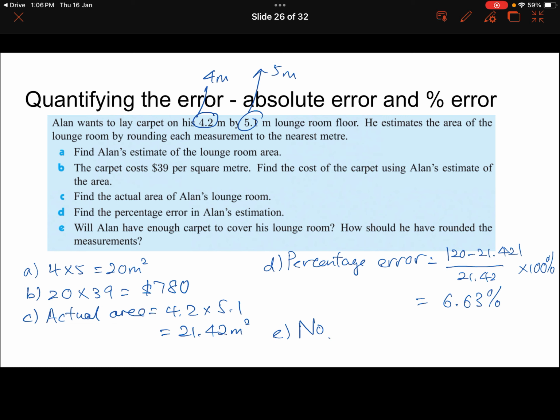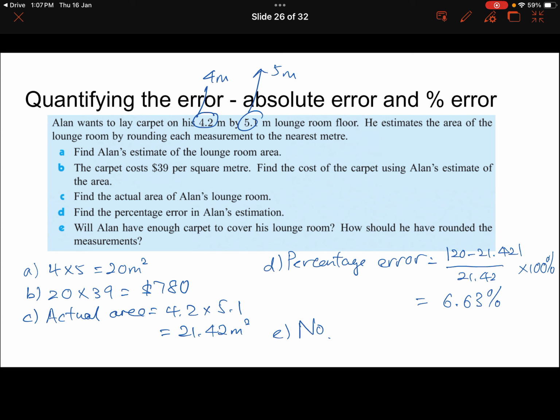Maybe the accuracy could have been, instead of even rounding to the nearest meter, we could have looked at maybe rounding to the nearest hundredth, or rather than just rounding up, we should have considered other forms of rounding in this case.